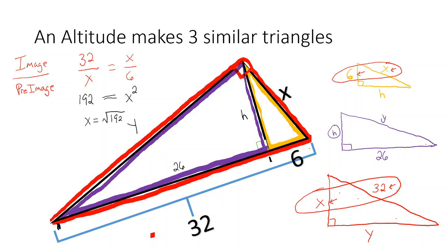And if I want to reduce that, I could say 192 is 64 times 3. The 64 is 8 times 8, and the 3. So if I factored that down, I have a pair of 8s there. So my simplified answer could be 8 root 3. Or if I wanted to just type it in my calculator, square root of 192, I get x equals 13.86.